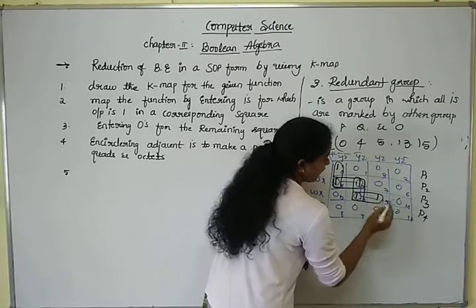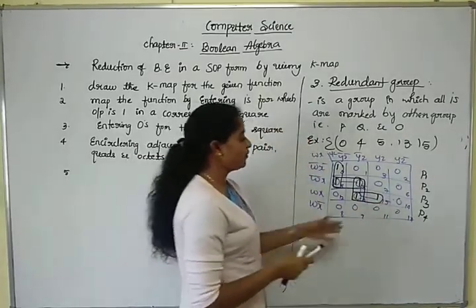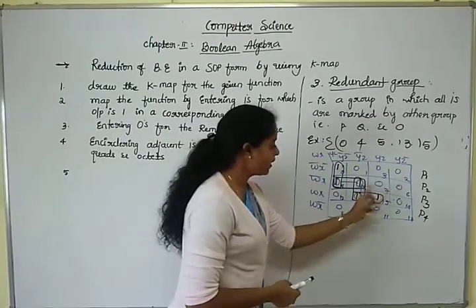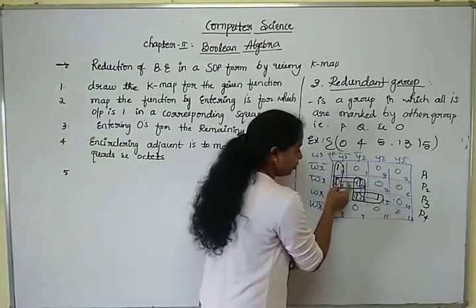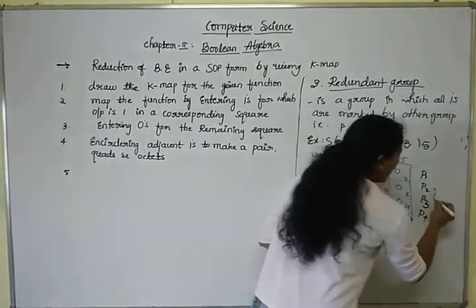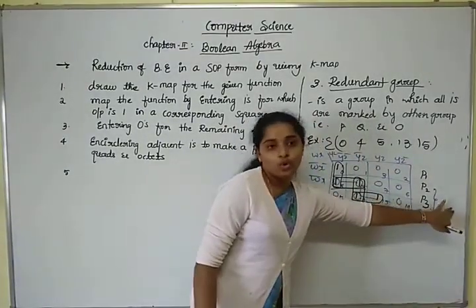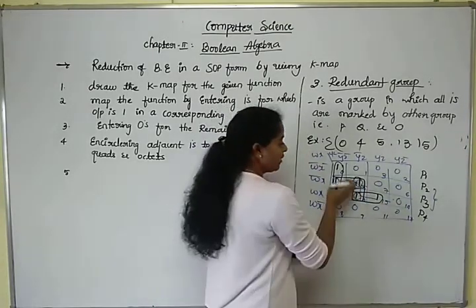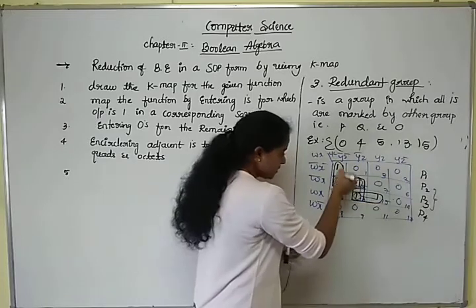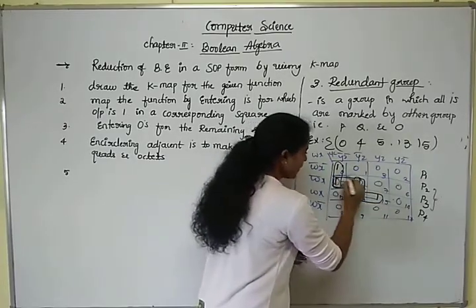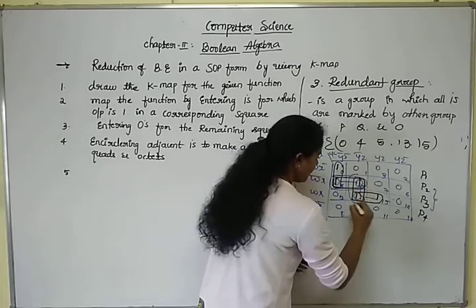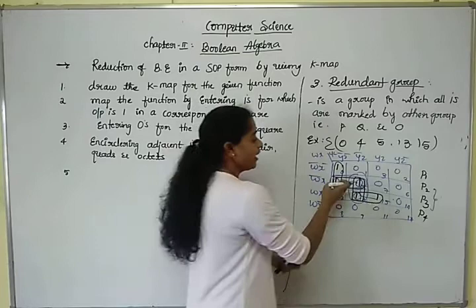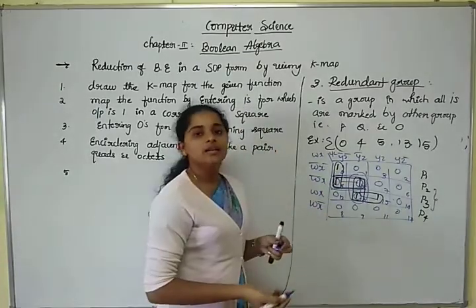So totally we got 4 pairs. Among pair 1, pair 2, pair 3, pair 4, this pair 2 and this pair 3 are considered as redundant groups because their ones are overlapped with another group.